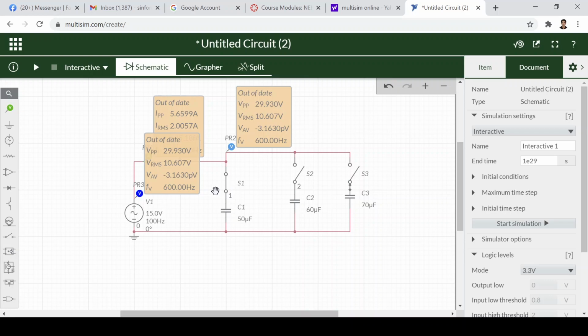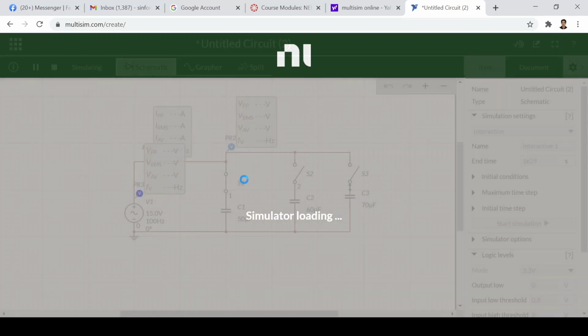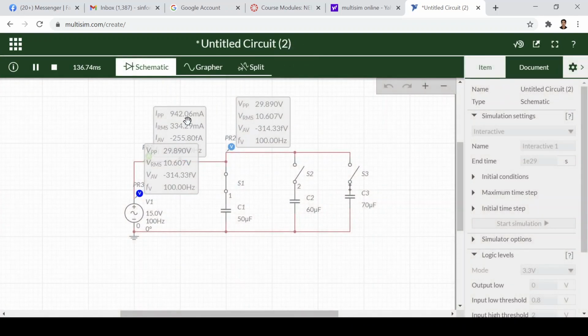So this is a variation of the capacitance of the circuit. Let's run. Here, the current is 334.20 milliampere. Voltage is 10.607. So the voltage is maintained.